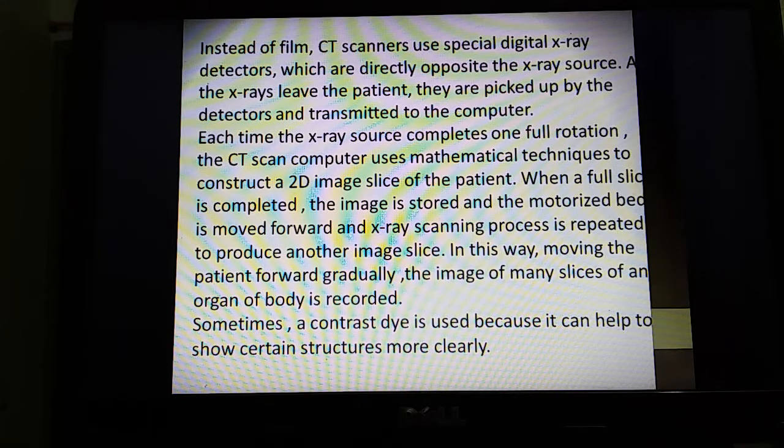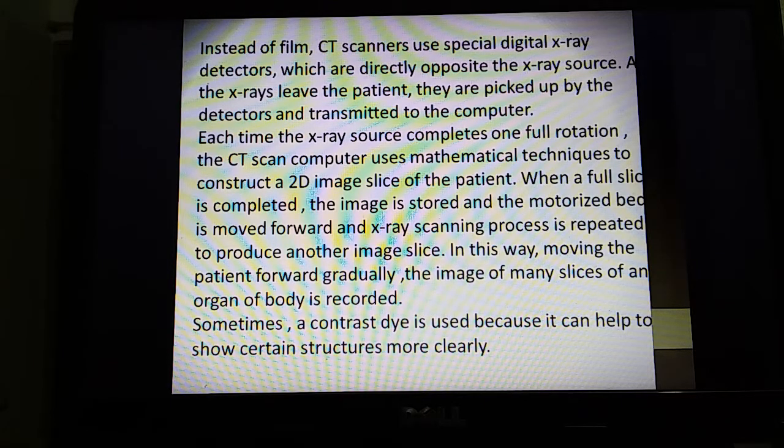That means the patient is kept in the middle between the X-ray source and the detectors. As the X-rays leave the patient, they are picked up by the detectors and transmitted to the computer to examine the response of the X-rays transmitted through the patient.